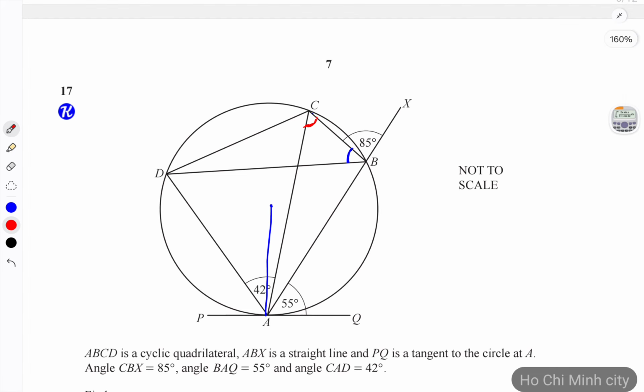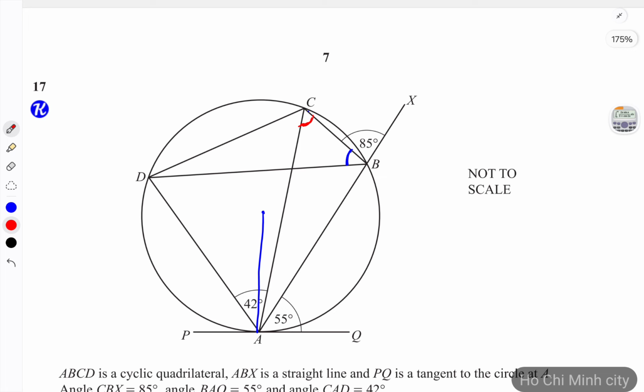One of the properties of the cyclic quadrilateral is that if we have an angle that is subtended by a chord, that means the chord AB, then this angle is equivalent to the angle between the tangent and the chord AB.